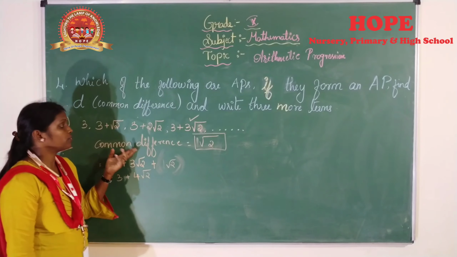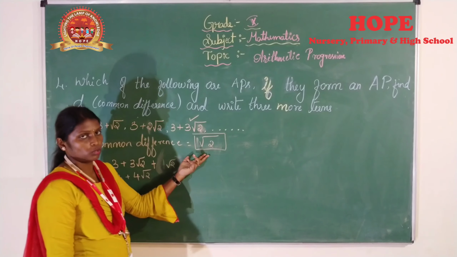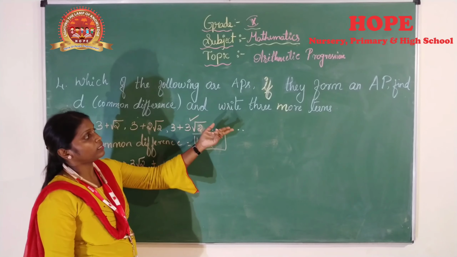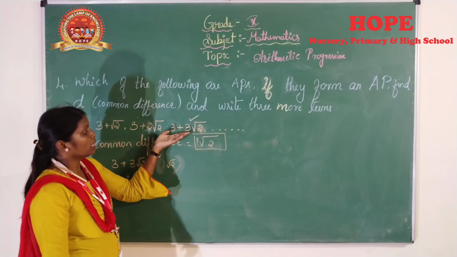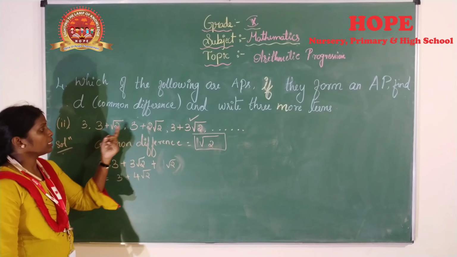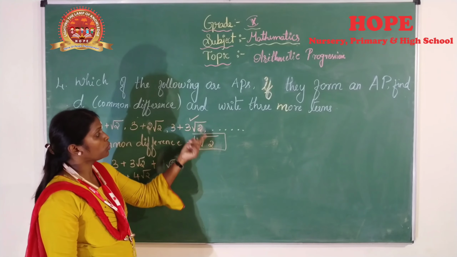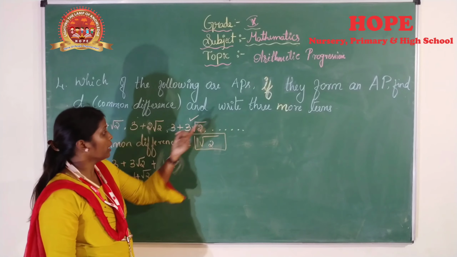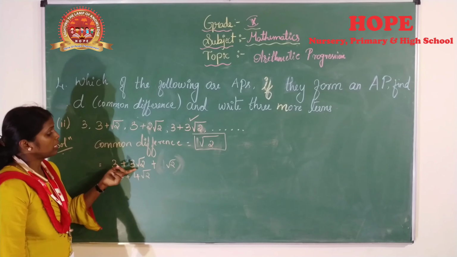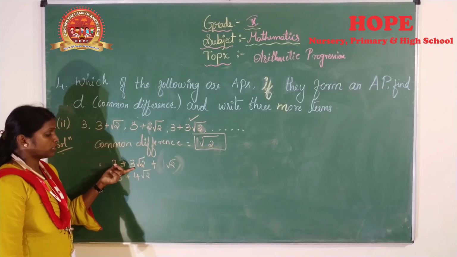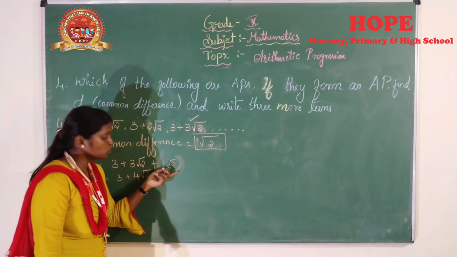So the common difference of the given series is root 2. To find the 3 more terms, this is the first term, second term, third term and fourth term. For the fourth term, we have to add root 2 to get the fifth term. So 3 plus 3 root 2 is the fourth term and we are adding root 2.